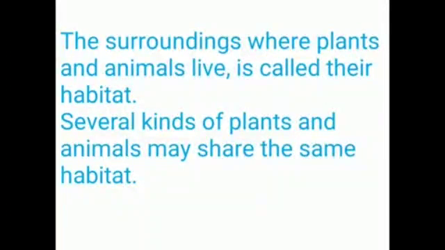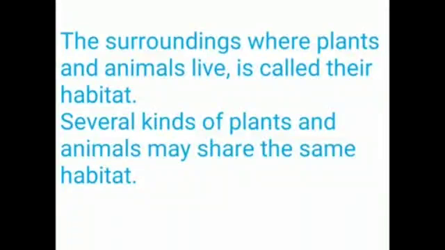It means in one habitat many types of animals and plants are there. For example, in a forest many types of animals are there: lion, tiger, deer, elephant. And many types of plants are also there: sesame, sal.